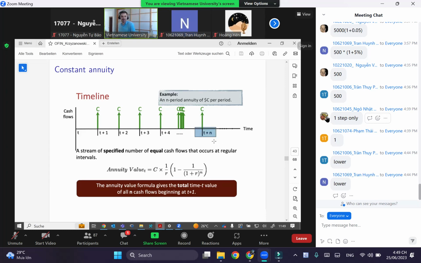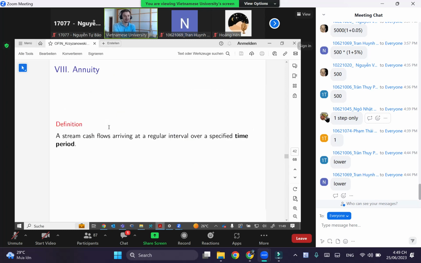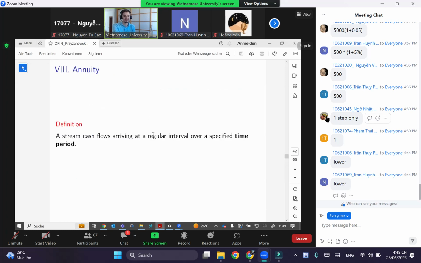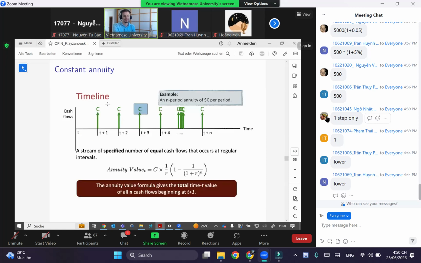That's the specified period of time. And in each of those time periods, there would arrive, to put it more neutrally, a constant payment or constant cash flow in the amount of C. So this is the characteristic of a constant annuity.